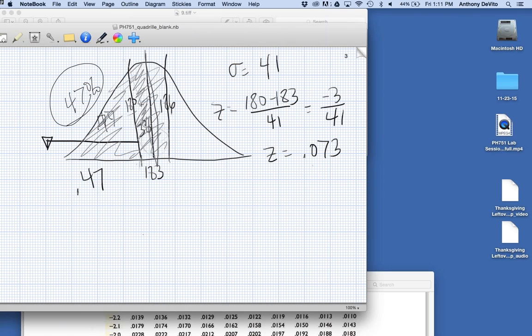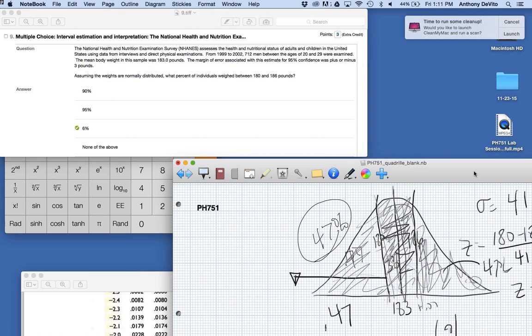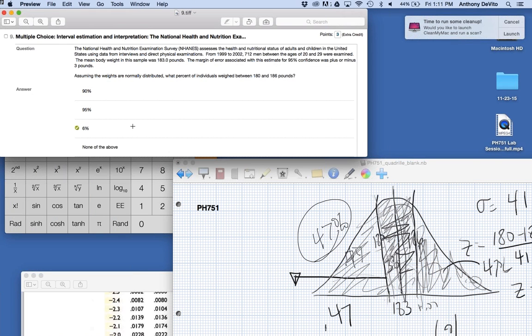Well, if this area is 47%, if I go up the same amount to a z-score of plus 0.07, then this area in here represents 3% also, and this area up here also represents 47%, right? Because this standard normal distribution is symmetrical. So we have 47% above 186 and 47% of the population below 180. So between the two, it leaves 6% of the population. Okay, and that's where our answer came from. If you go back and take a look at it, our answer turns out to be 6%.